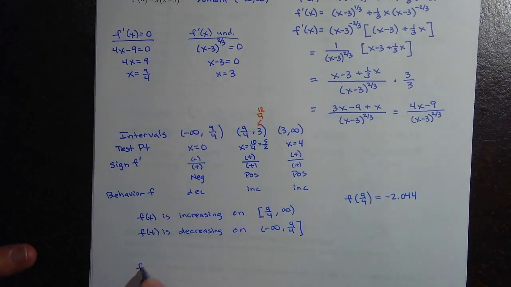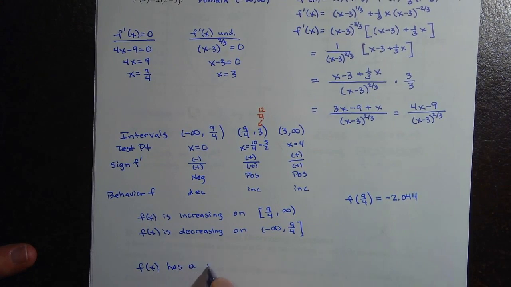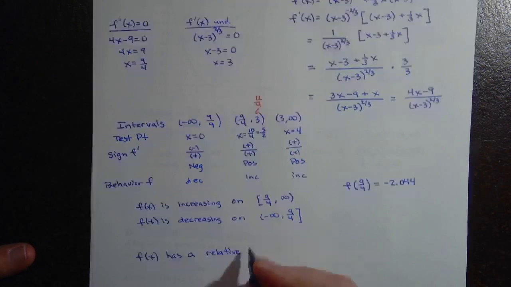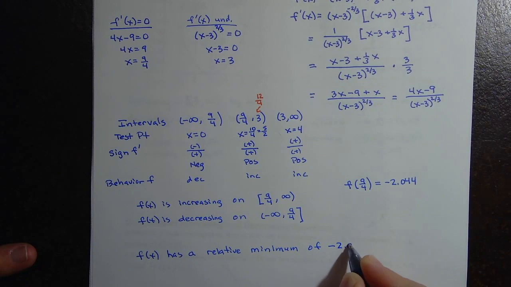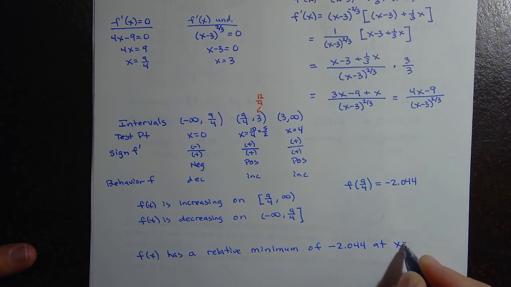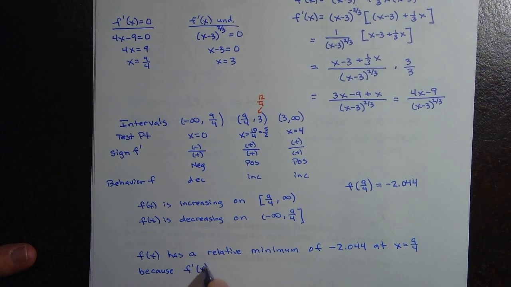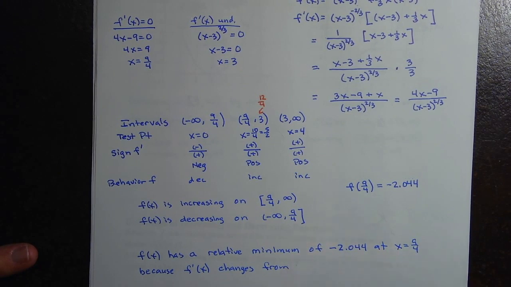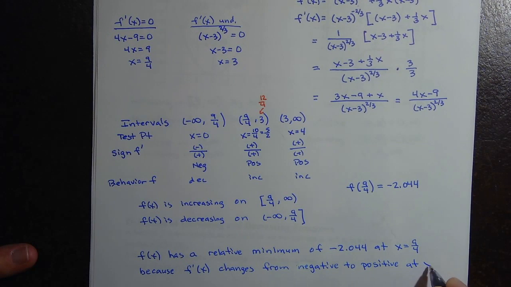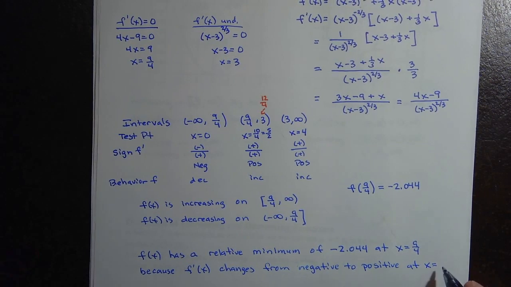So f of x has a relative minimum of -2.044 at x equals 9/4, because f prime of x changes from negative to positive at x equals 9/4.